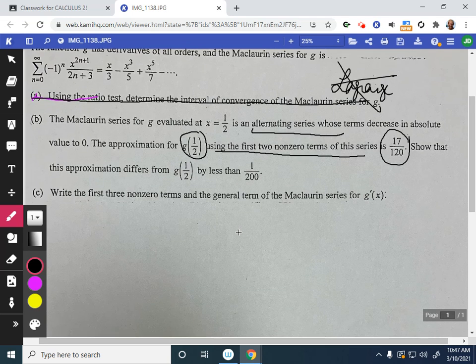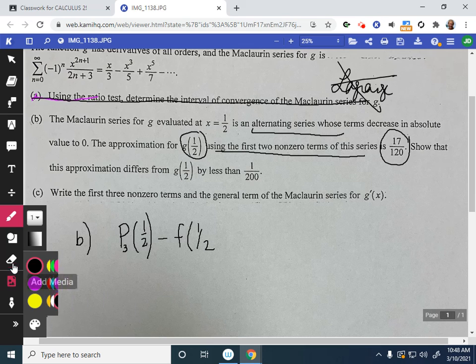So they're asking me to show that the difference between the polynomial, which has the first two non-zero terms, so it would be a third degree polynomial, evaluated at 1/2, minus the value of the function at 1/2.